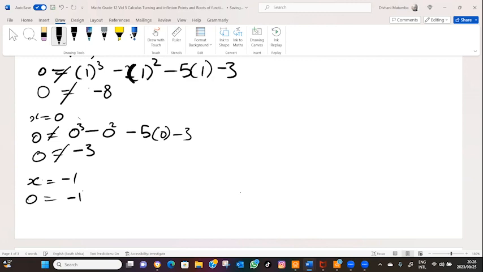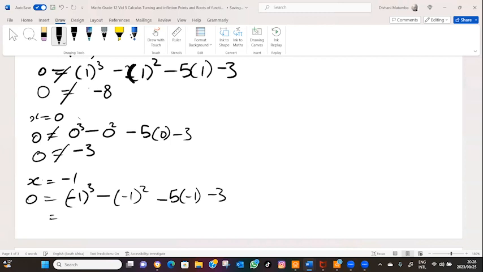We're gonna have minus 1 to the power of 3 minus, it's not a plus, sorry guys, minus minus 1 squared minus 5 into minus 1 minus 3.